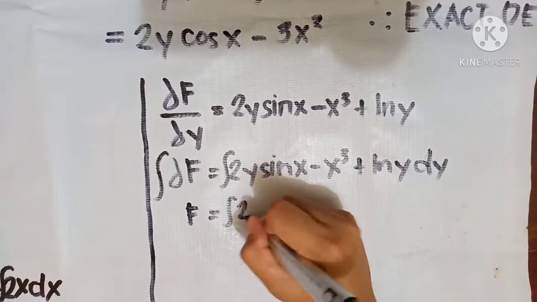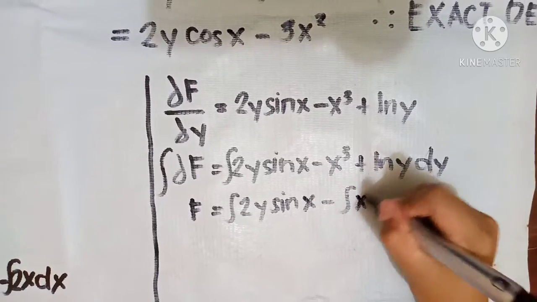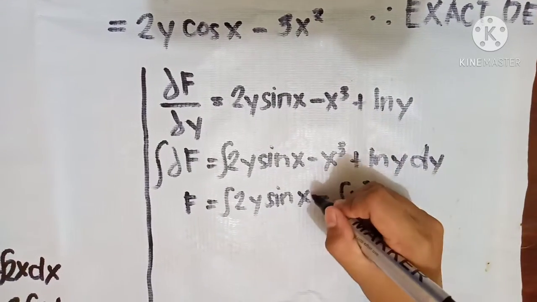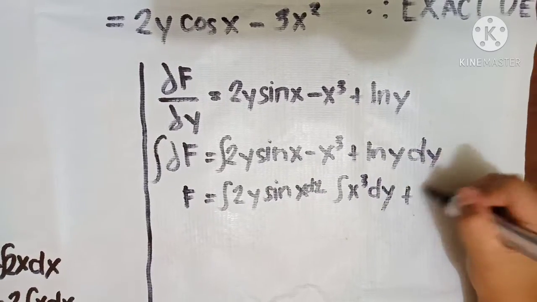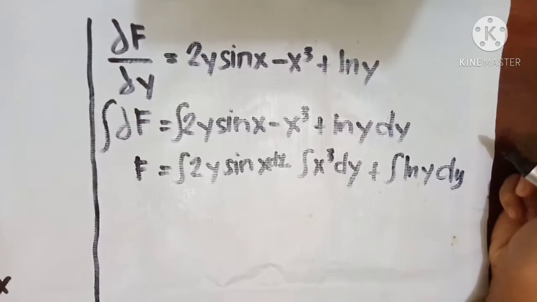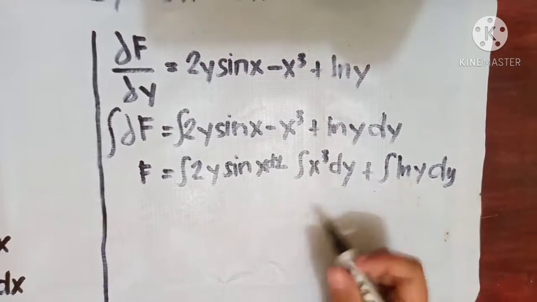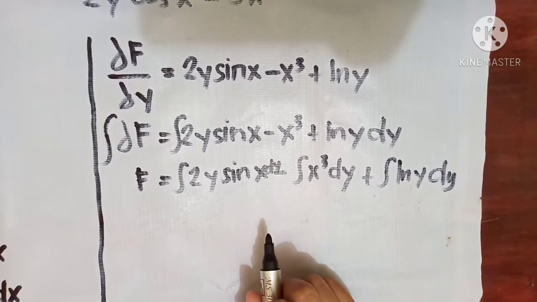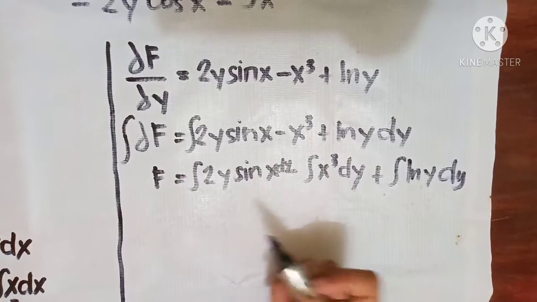So integration of 2y sine x minus integration of x cubed dy plus integration of ln y dy. Then, since we are integrating in terms of y, we will treat other variables aside from y as constant. So we will put the constant outside the integral sign.